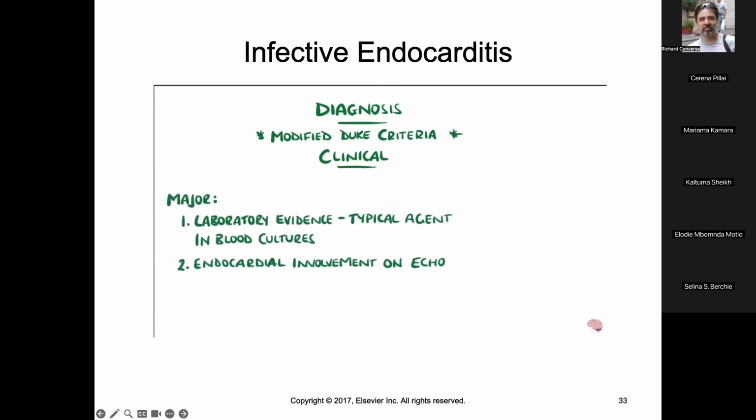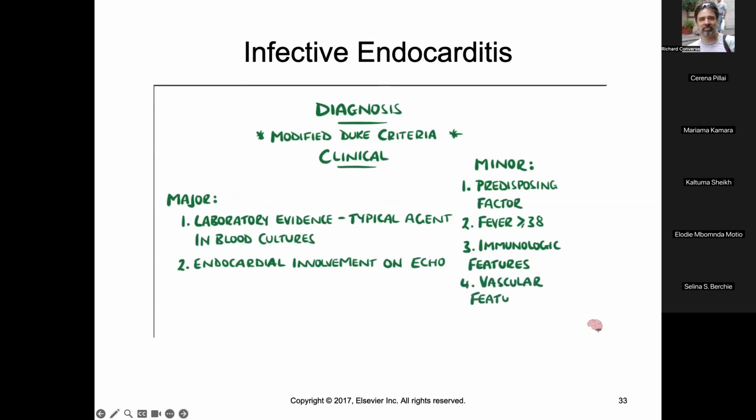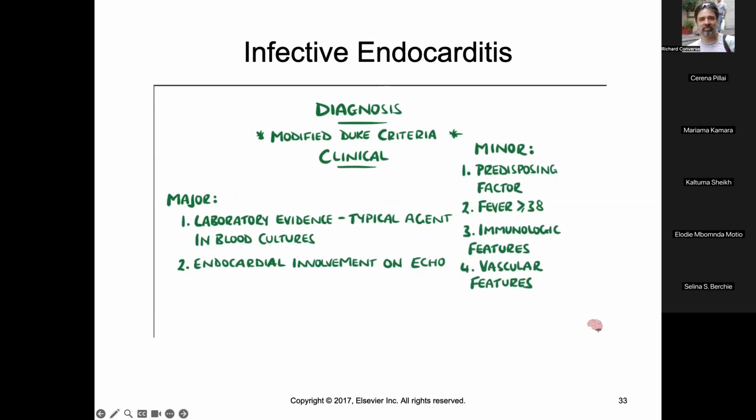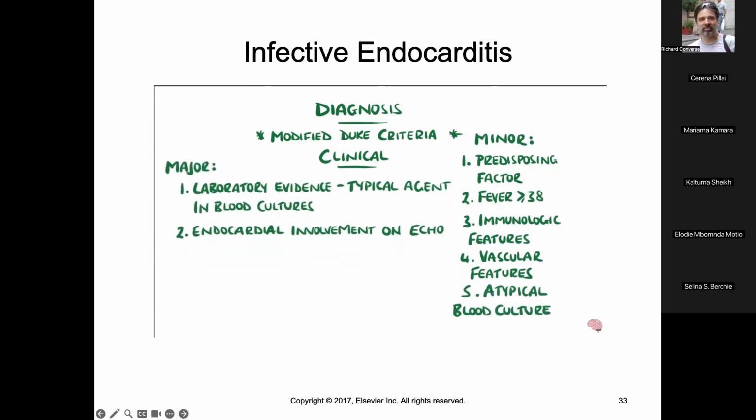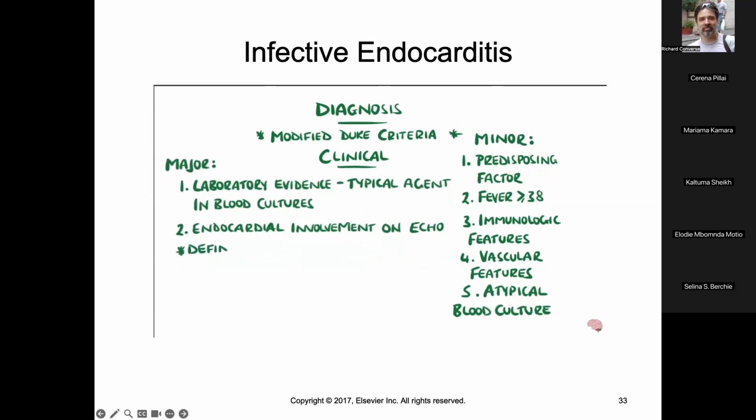Minor criteria include a predisposing factor, such as a heart condition or IV drug use, a fever above 38 degrees, the presence of immunological phenomena like glomerulonephritis or Osler nodes, vascular phenomena such as arterial emboli, mycotic aneurysms, or Janeway lesions. A blood culture that is positive but does not feature a typical agent is also a minor criteria. A definite diagnosis is made if there are 2 major criteria, 1 major and 3 minor, or 5 minor.